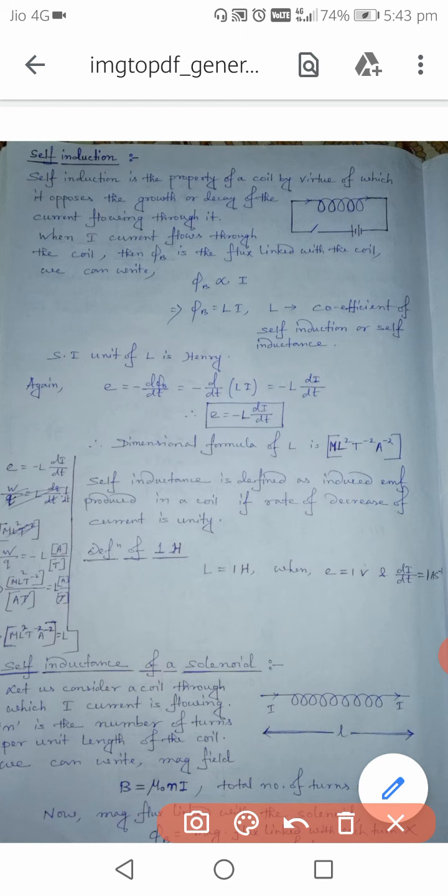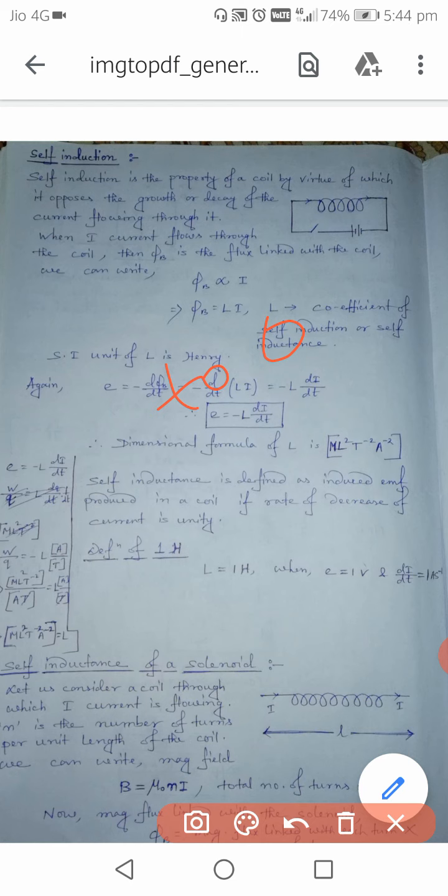Again when the switch is off, suppose initially it was in on state, now it is off. So off means now the current will decrease from a certain value to 0, and we can say that the field lines will again change, from a certain value to 0. Okay, then during this change also there will be induced EMF again in the coil.